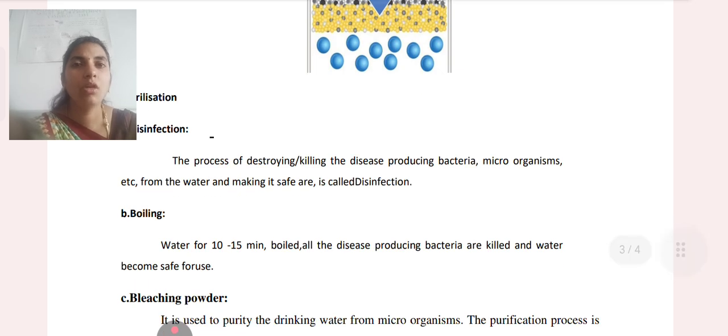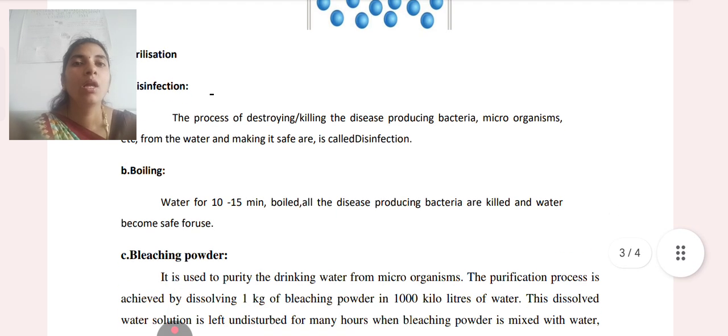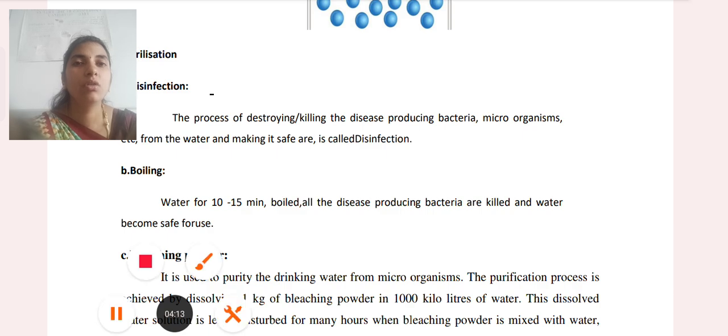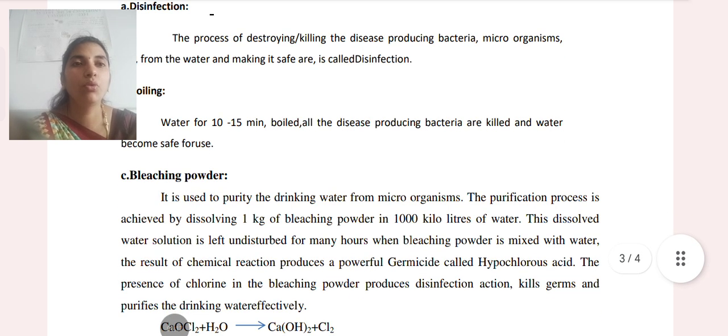Boiling. When water is boiled for 10 to 15 minutes, all the disease-producing bacteria are killed and water becomes safe for use. Bleaching powder is used to purify drinking water of microorganisms. The purification is achieved by dissolving 1 kg of bleaching powder in 1000 kiloliters of water.